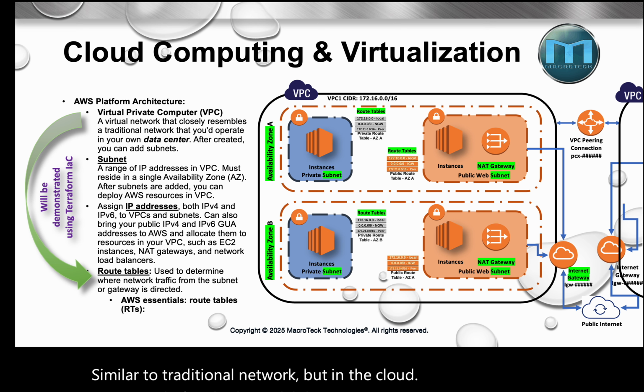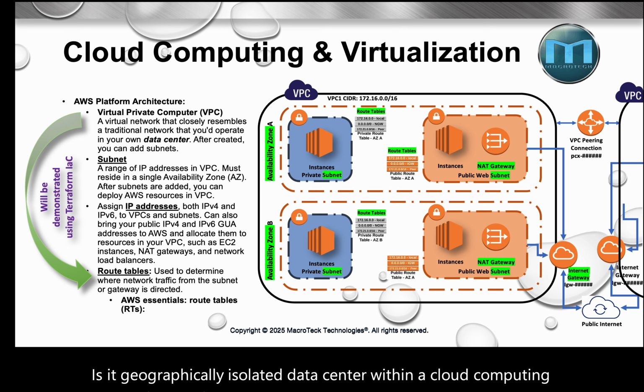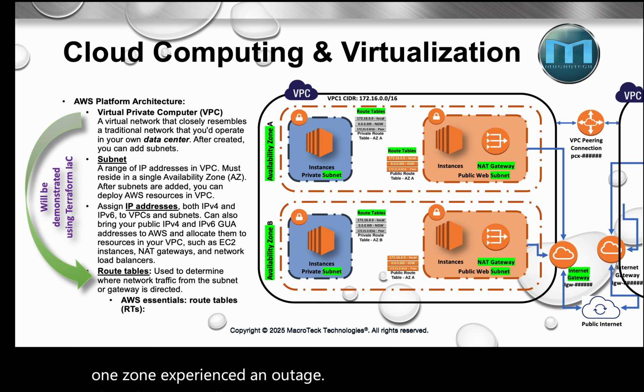Availability zones, we have two here, zone A, zone B as demonstration, is a geographically isolated data center within a cloud computing region designed to have its own independent power, cooling, and network infrastructure, allowing for high availability by distributing services across multiple availability zones, so that if one zone experiences an outage, the others can still operate and provide service.